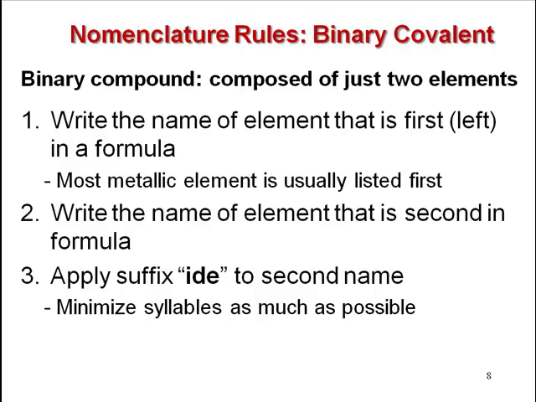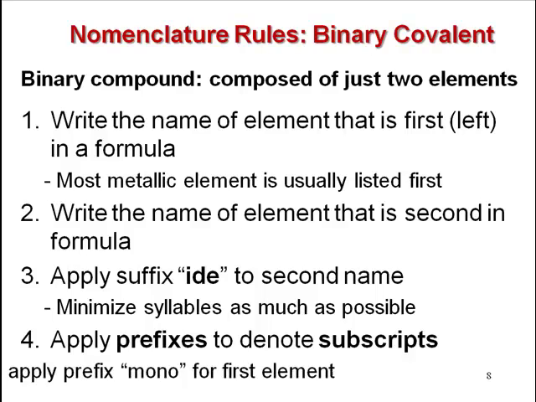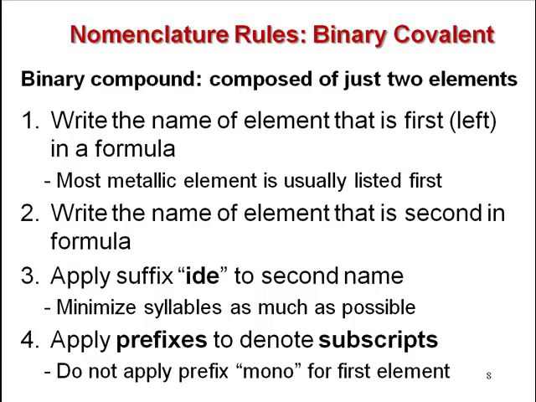You want to minimize the syllables as much as possible when you add this IDE. So you may be taking out some of the original name of the second element. Then you apply prefixes to denote the subscripts. In a binary covalent, it's how many there are. You use prefixes. You do not apply the prefix mono for the first element in a binary covalent compound.